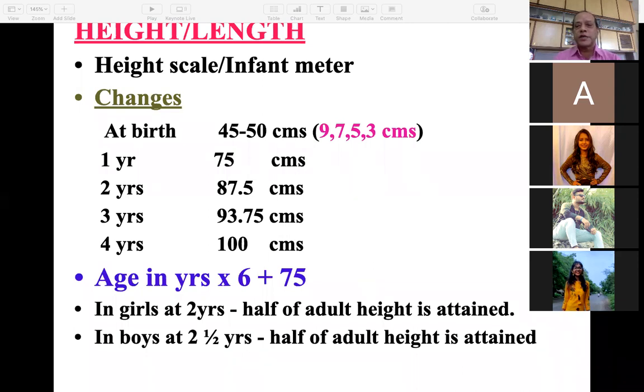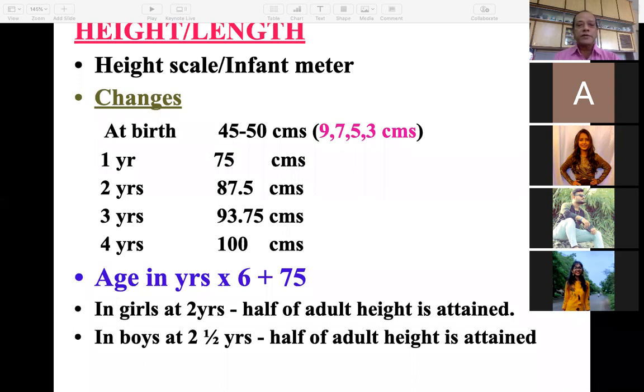In the first year, it will increase 800 grams in the first 3 months, 600 grams in the next 3 months, 400 grams in the third 3 months, and 200 grams in the last 3 months. So all even numbers, 8, 6, 4, and 2 hundred grams per month in the 3 months.